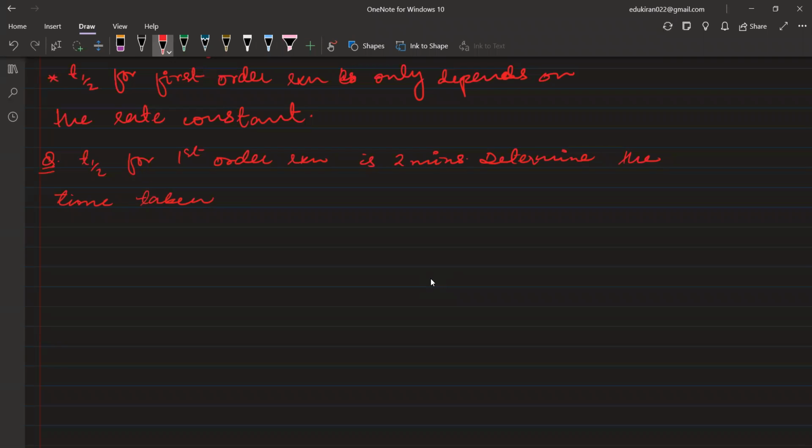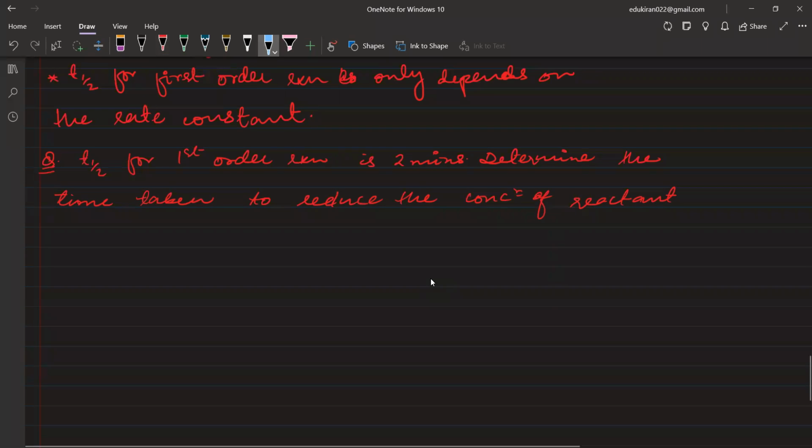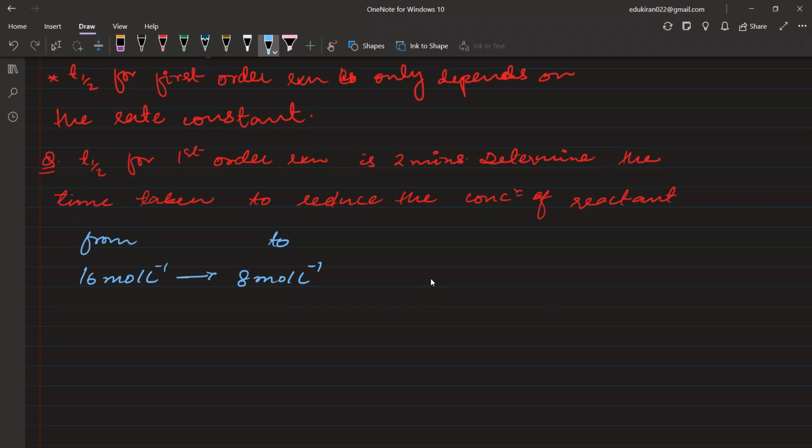Determine the time taken to reduce the concentration of reactant from 16 moles per liter to 8 moles per liter. Tell me how much time will it take?